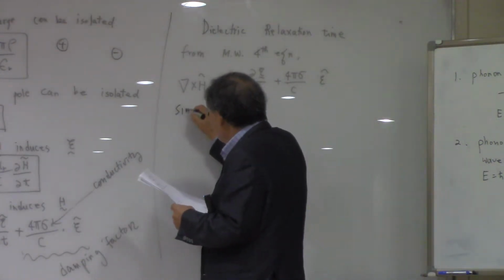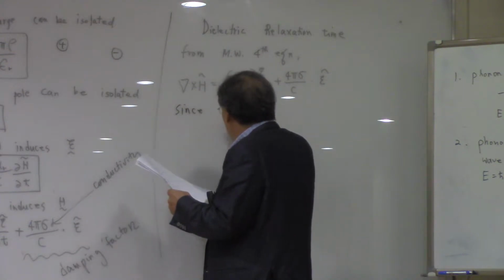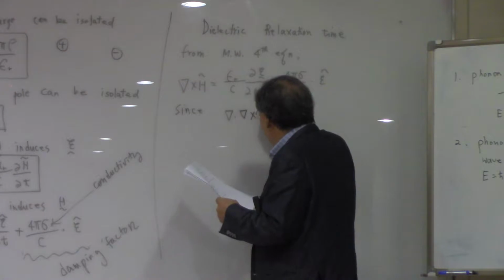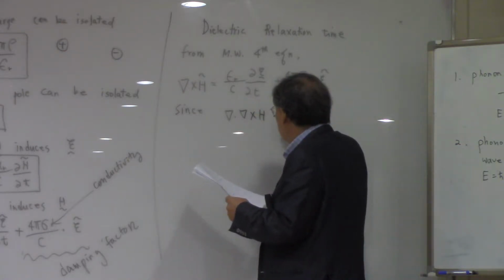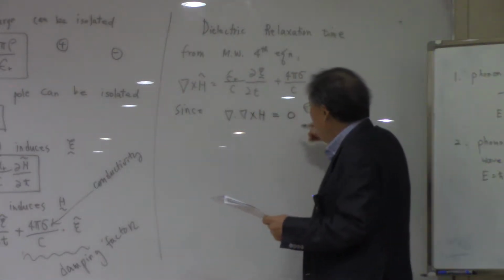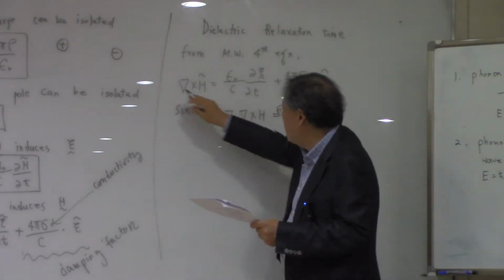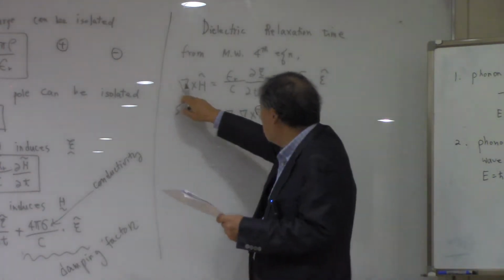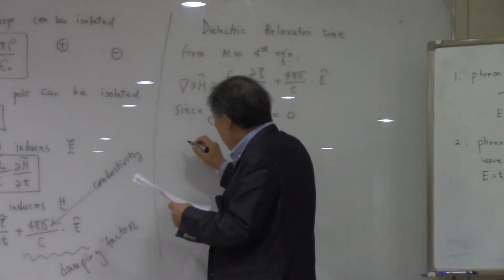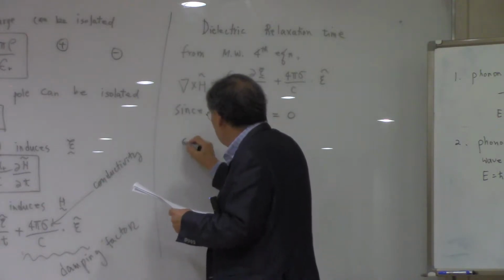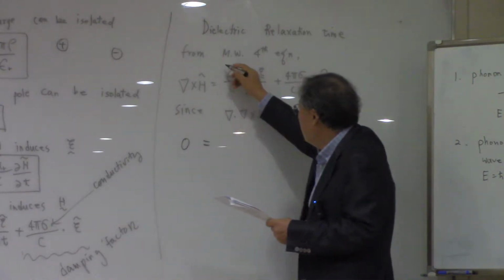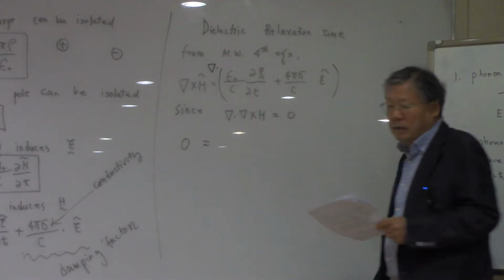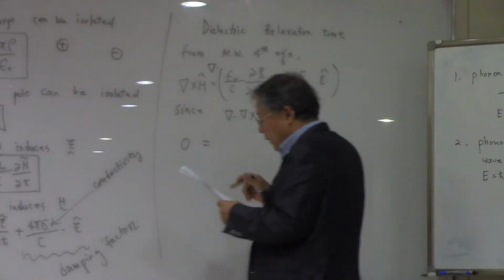And in mathematics, we know that the divergence of a curl has to be 0. So we apply the dot on here, and the right-hand side is going to be 0, and then we put in the derivative, okay?